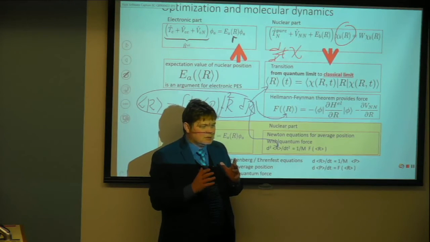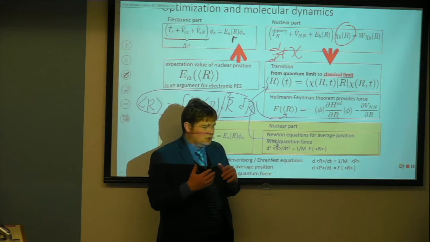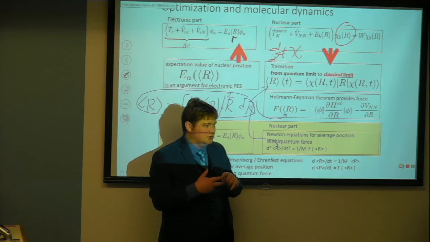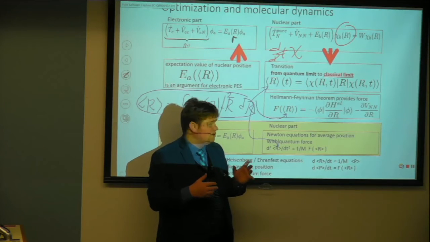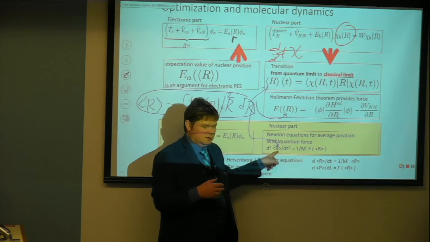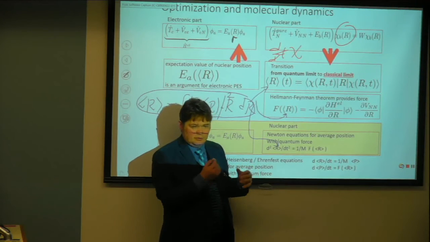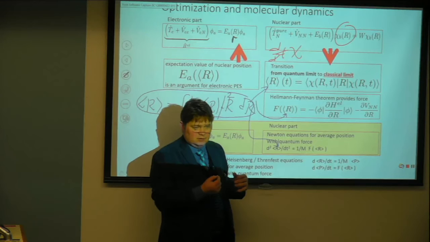There are some certain limits, like Raman spectroscopy, when one specifically needs quantum corrections to nuclear degrees of freedom. But for like 95% of problems, it is okay to say that instead of a nuclear wave function, for each nucleus we have just one vector.